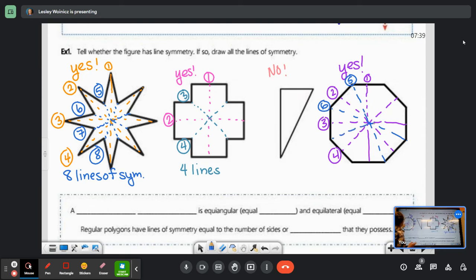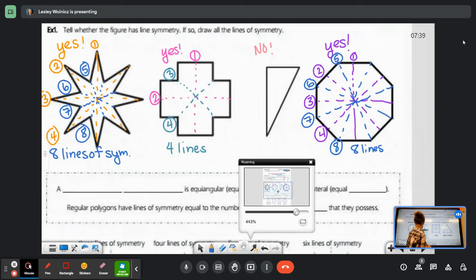Here's 7, and here's the last one, 8. Okay, so we have 8 again. 8 lines of symmetry. So on our 8-pointed star and our 8-sided figure, we had 8 lines of symmetry. Kind of feels like it might be the start of a pattern.